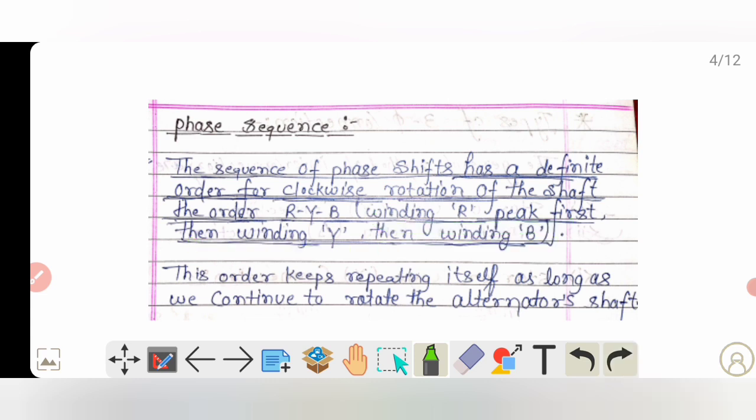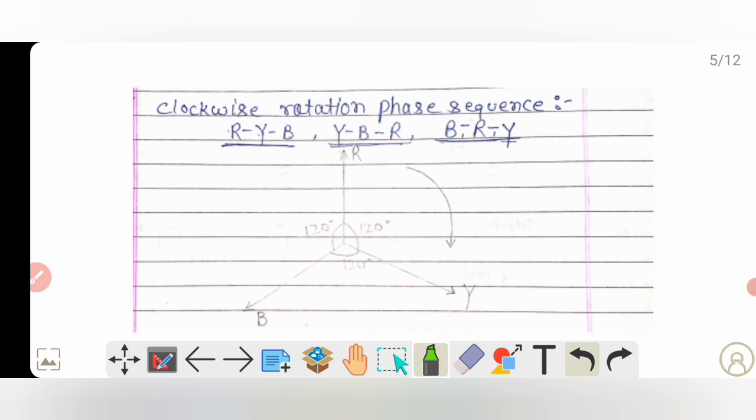Now my dear friends, as you can see here, this is the representation of the winding of a three phase alternator. If we find the phase sequence in clockwise direction, it will be RYB, then YBR, and then BRY.